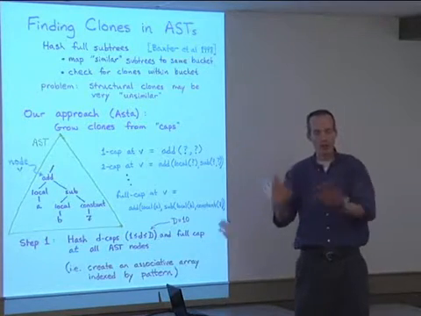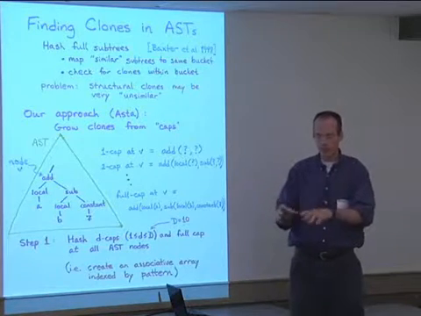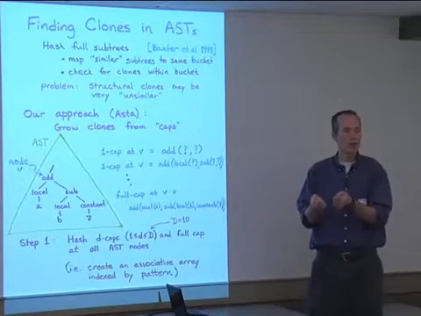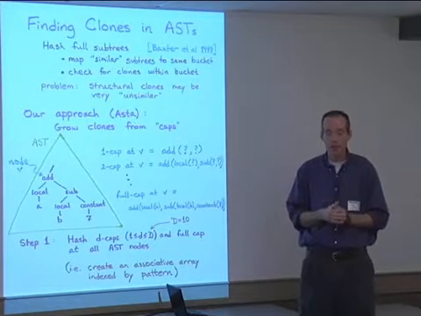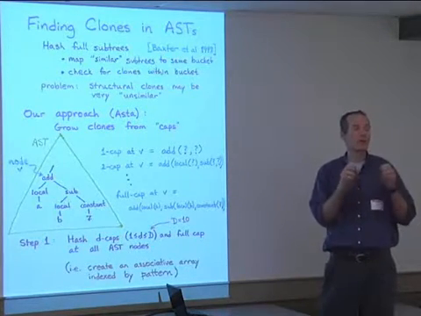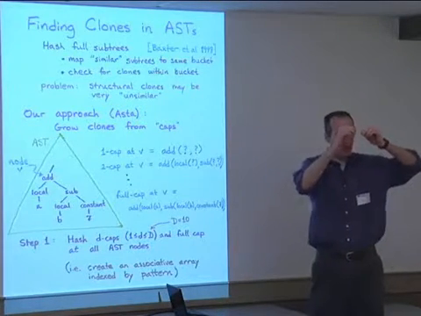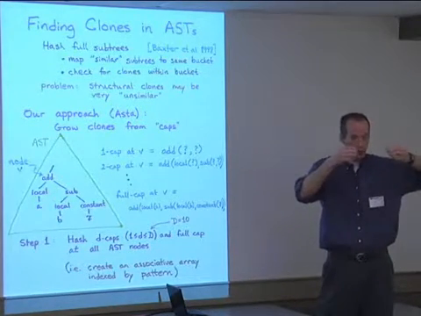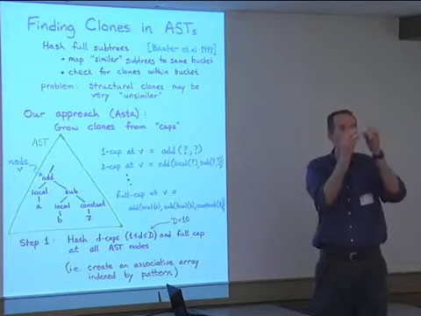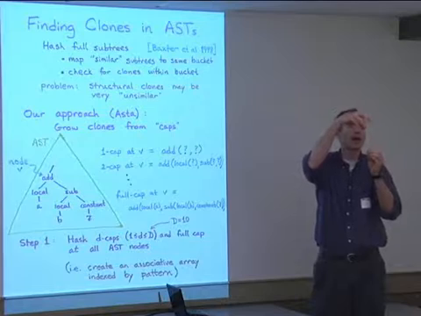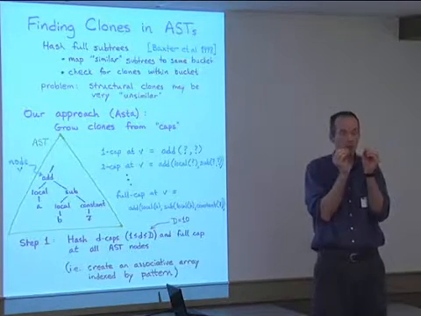So you'd hash their skeleton structures, and then you'd look inside a bucket and see if you could find two subtrees that matched. If you did, then you found a clone, and then you tried to improve it by climbing up. You try to find a parent that has two or more children that are already matching clones. And if you did, then you'd say, oh good, now I have a bigger clone by climbing up. So I'm going to my parent.